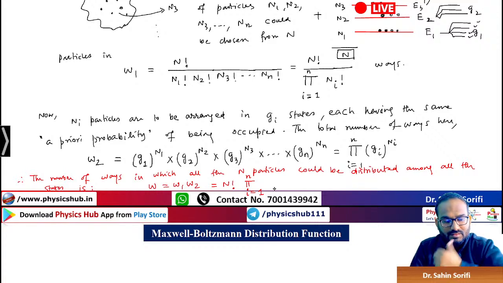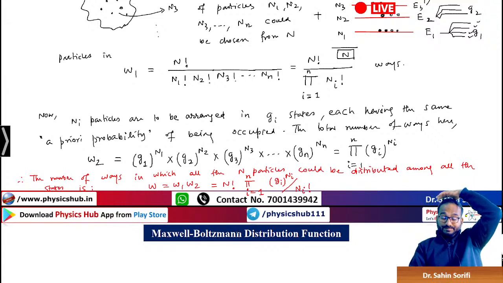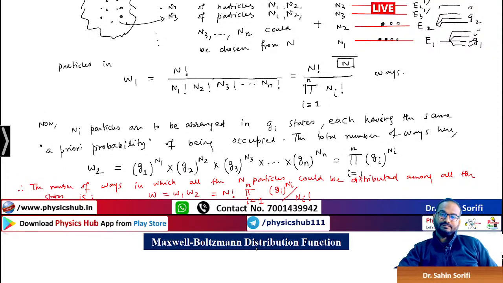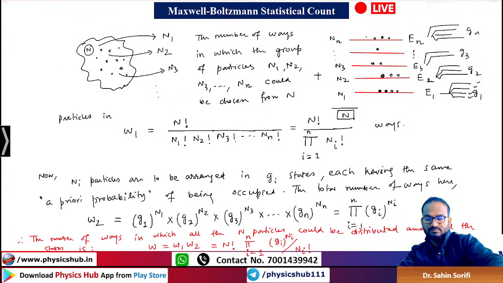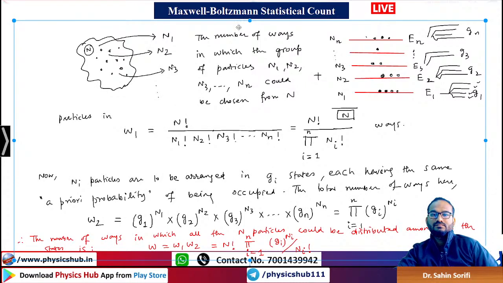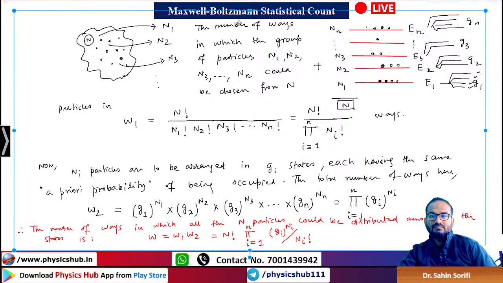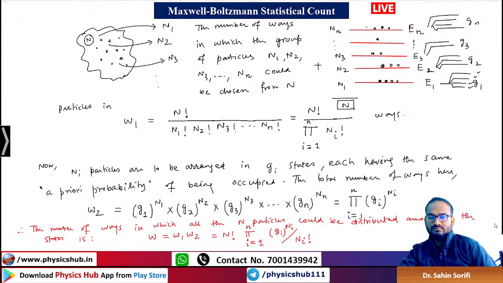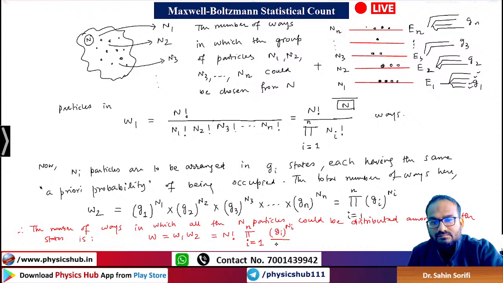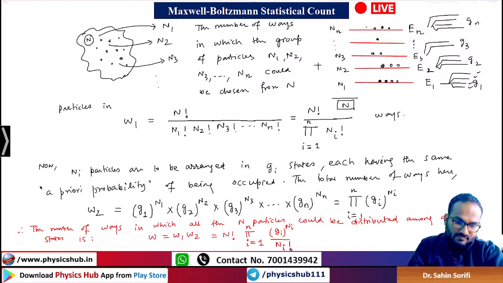In the numerator we will have Gi to the power Ni divided by Ni factorial. Okay. Is it clear?